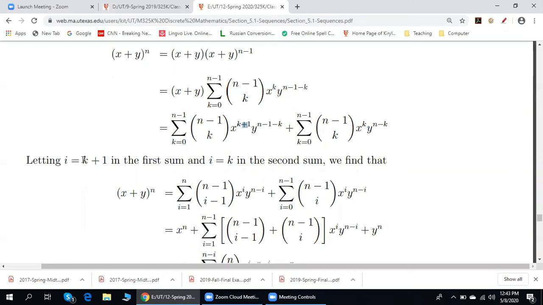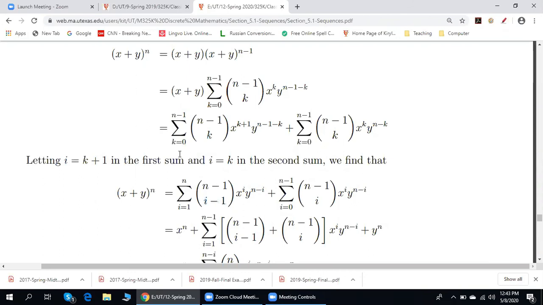So if we replace k plus 1 by i, this becomes i, minus 1 minus k is the same as minus (k plus 1), but k plus 1 is i. So this expression, the power, becomes n minus i. Lastly, since i is k plus 1, k is i minus 1. We replace k by i minus 1.